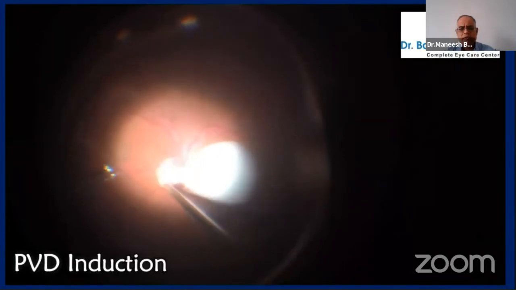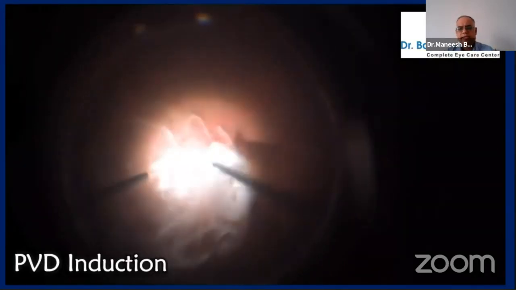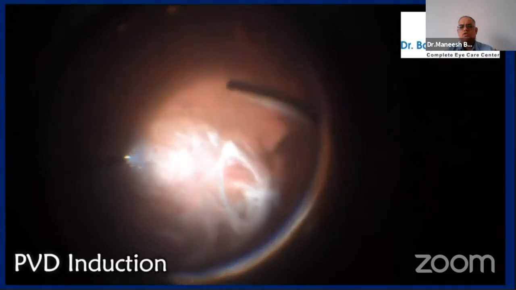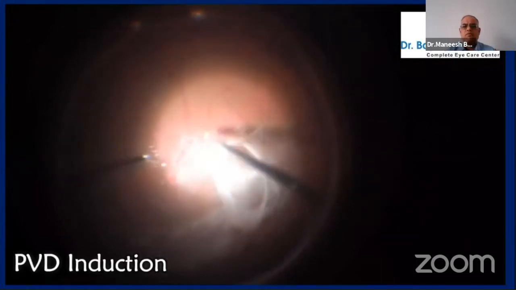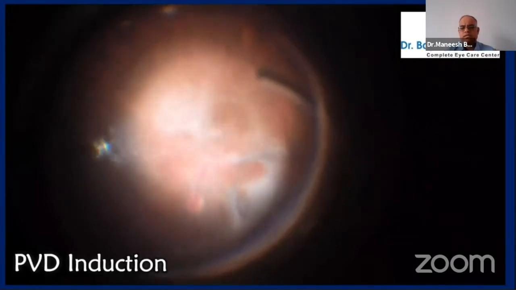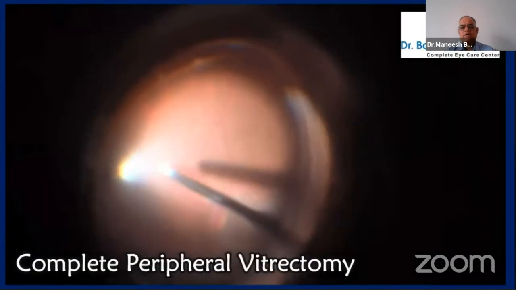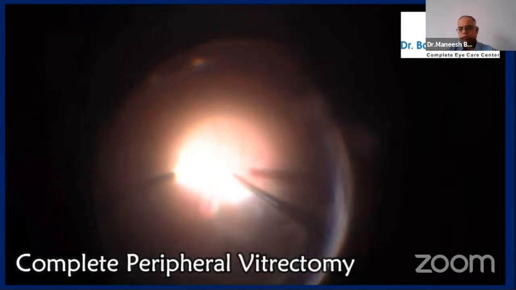So intraoperatively, I first did the cataract surgery, put in the lens, and made sure that the foreign body was not there in the ciliary sulcus, and then went in with the sclerotomies and did the vitrectomy with PVD induction.